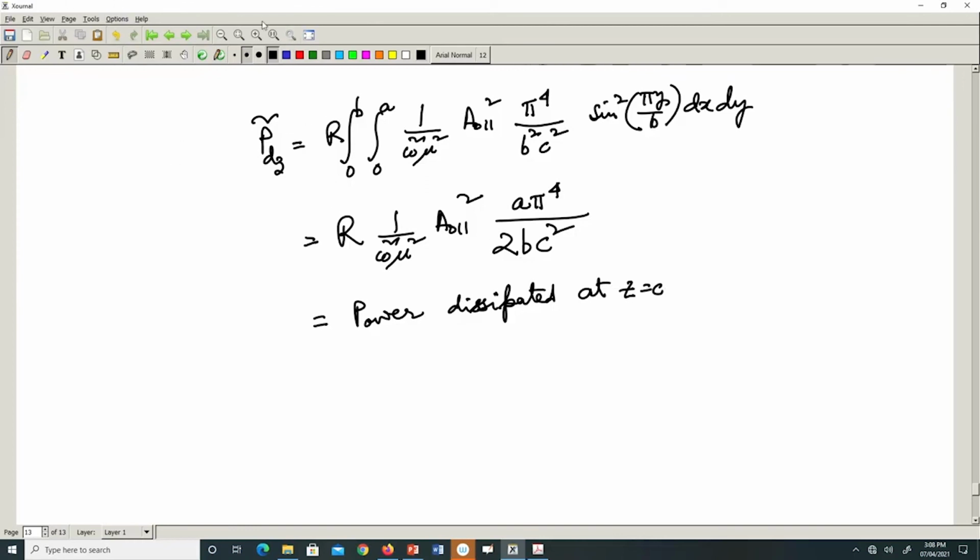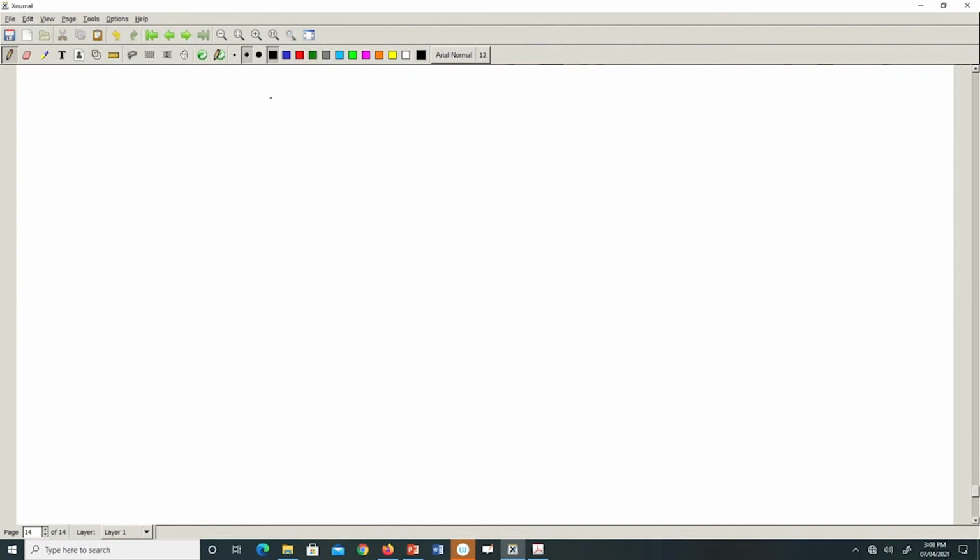So, from this we are in a position to find the Q factor of the cavity.